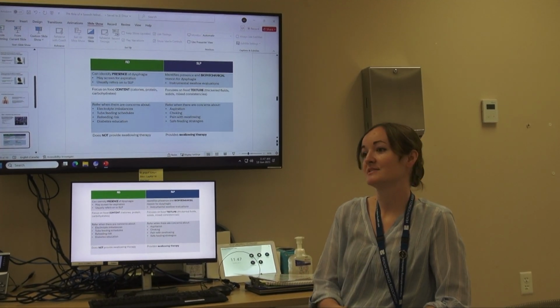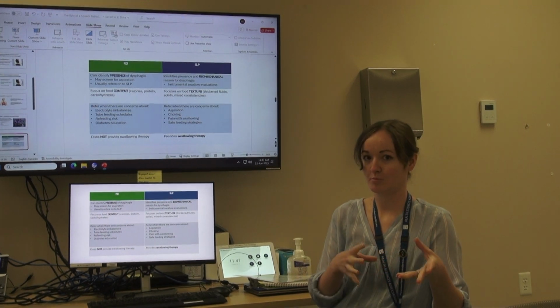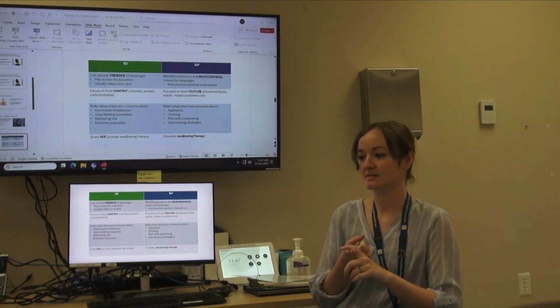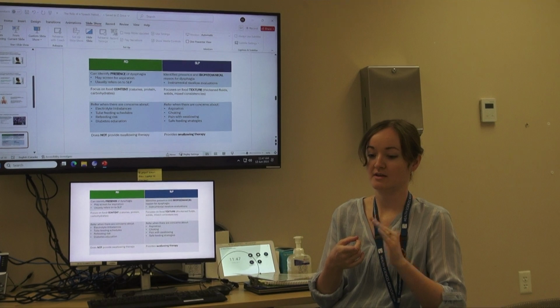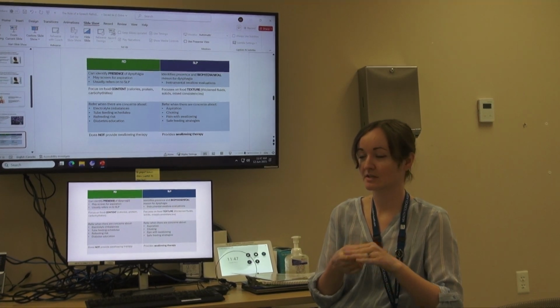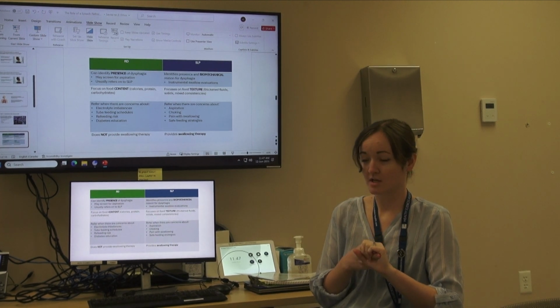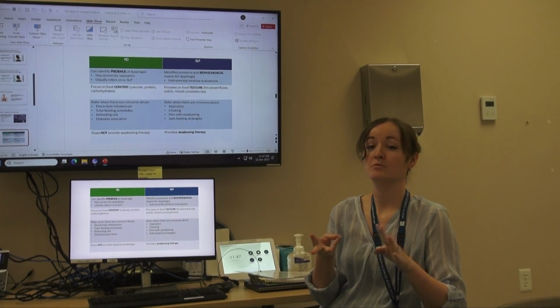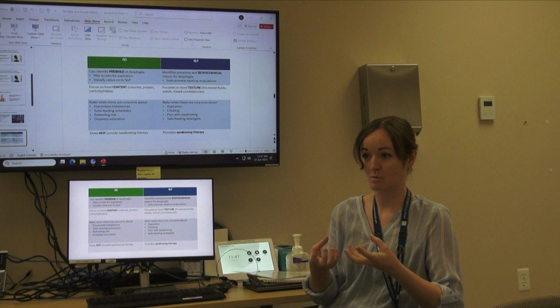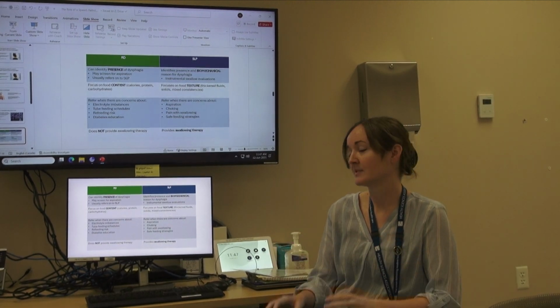My role is more from a texture standpoint of, does this food present a choking hazard to the patient? Does it present an aspiration hazard to the patient? And are they going to be able to chew it and swallow it comfortably.